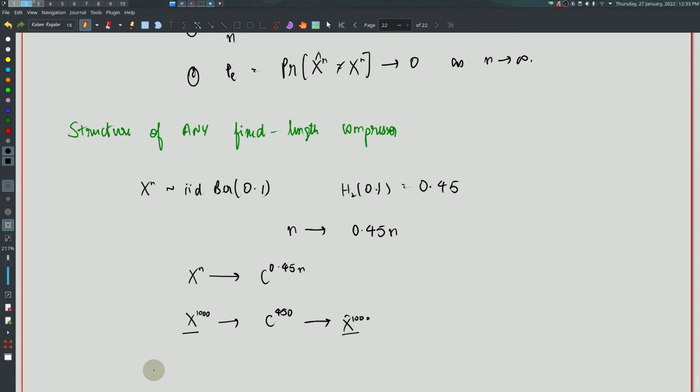In some sense, it doesn't mean that half of the bits of this are removed. It means that there is some way of converting it into a sequence of length 450, or the effective information contained in every bit is roughly 0.45.